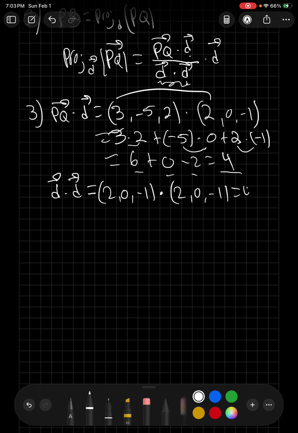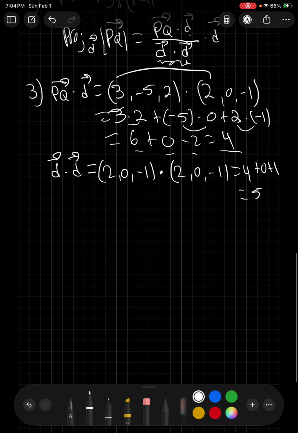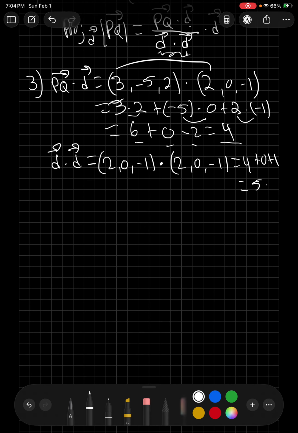And so that'll give you 4 plus 0 plus 1, which is 5. And so now we have 4/5, because this is the numerator, and then this is the denominator.